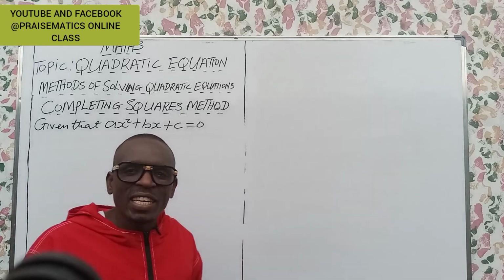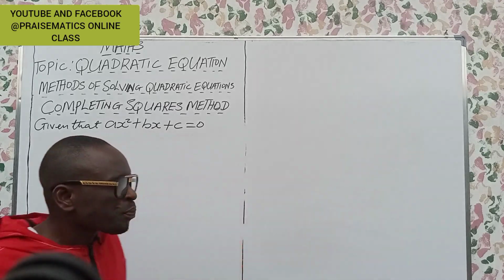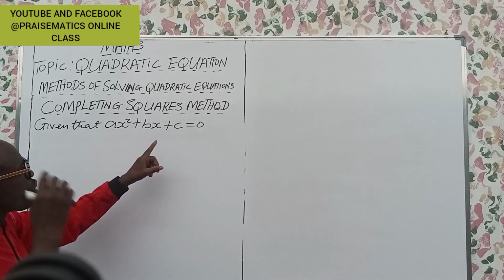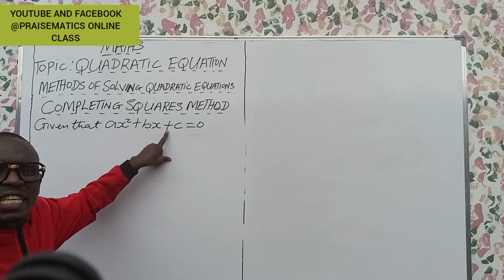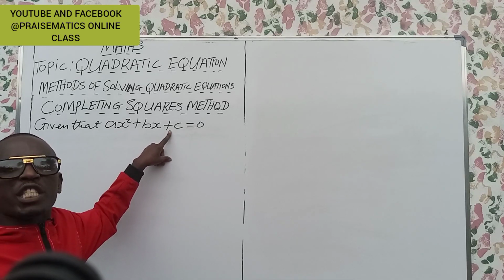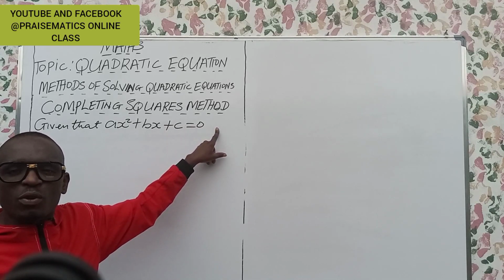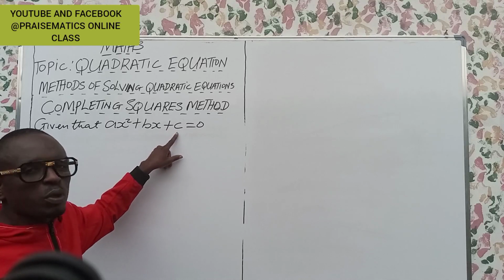Step 1. What are we going to do in step 1? Step 1 is this. You must shift this constant. A constant is a number without a variable, a number without an unknown. We must shift this constant to the right hand side of the equation, and the constant here is plus c.